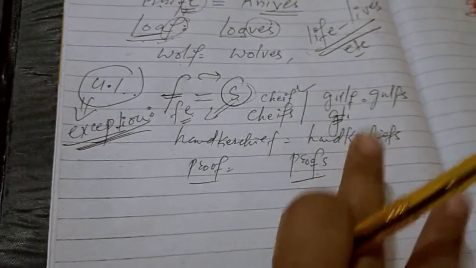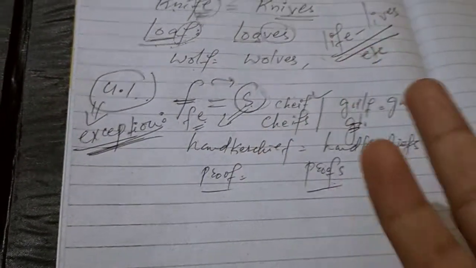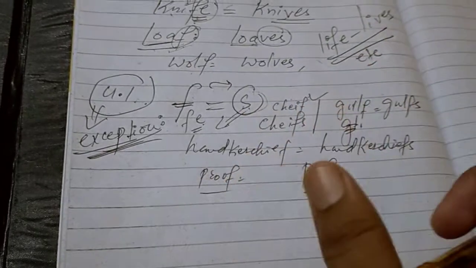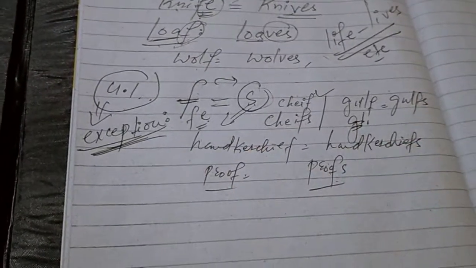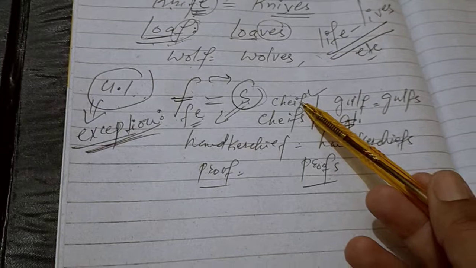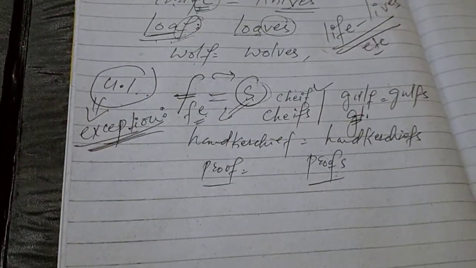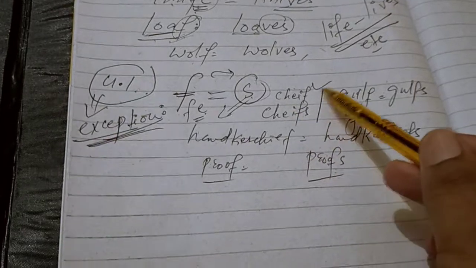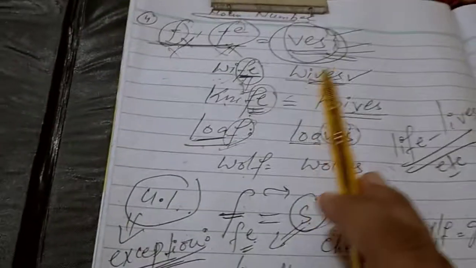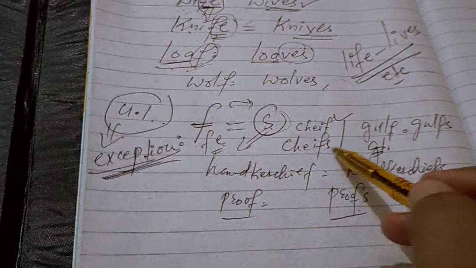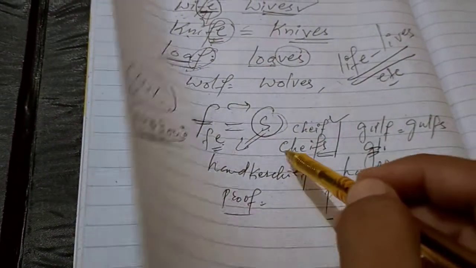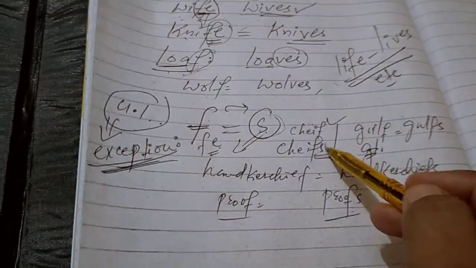Some words you should at least cram, so that they will be in your knowledge, and you would know that chief is a word which doesn't follow any rule like this, as we have already discussed, but it takes only s to the base word. So chief, plural will be chiefs.